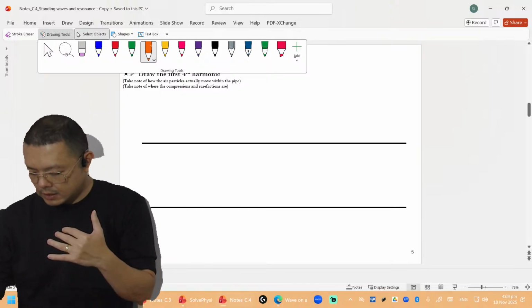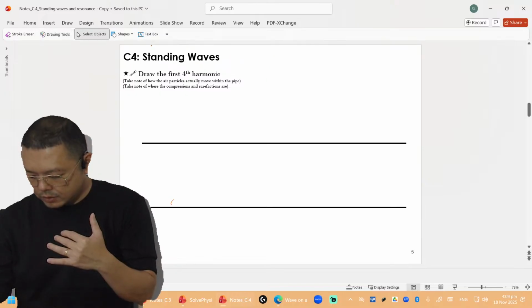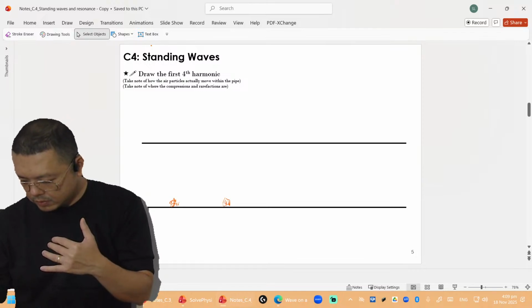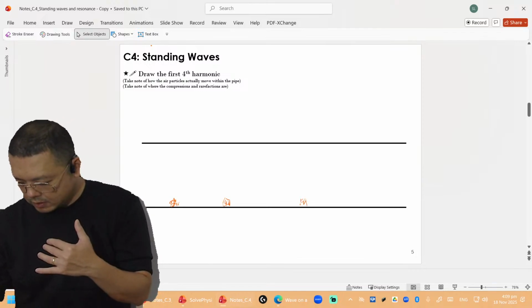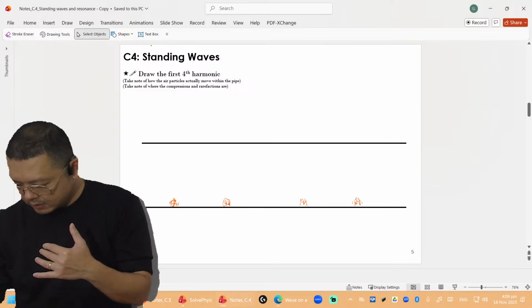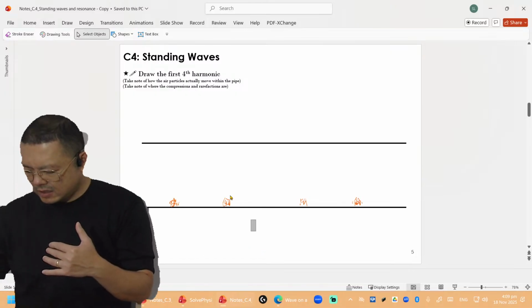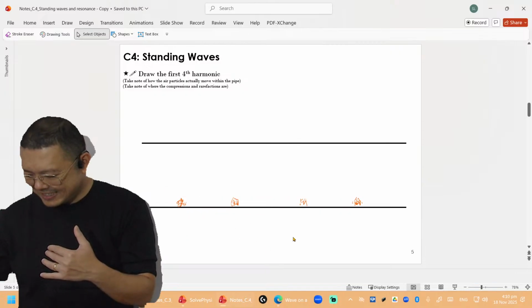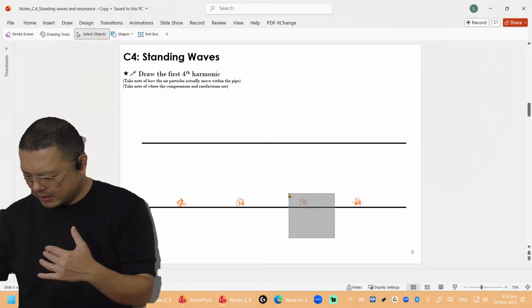So one, 2, 3, 4. I think something like this. Let me just try to rearrange it a bit. You may wonder what the heck that is. Is it nicely even? I don't know, man.